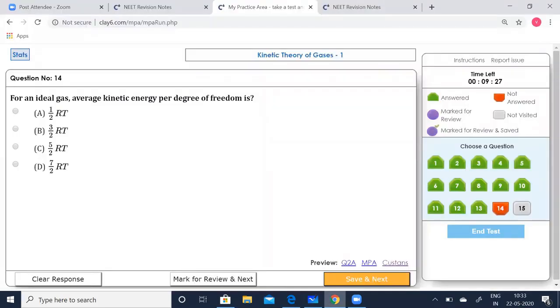The average energy per degree of freedom for a translating atomic gas is given by half kT. Translation motion is given by half kT per degree of freedom per gas atom, or half RT per degree of freedom per mole of the gas. So half RT, option A is correct. Save that.